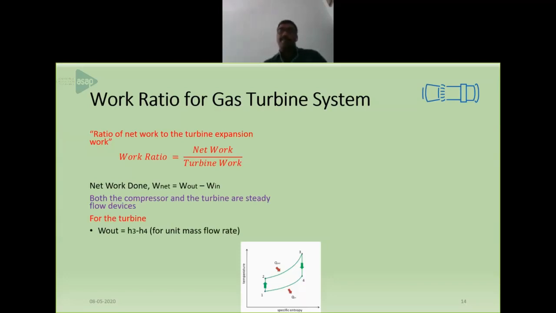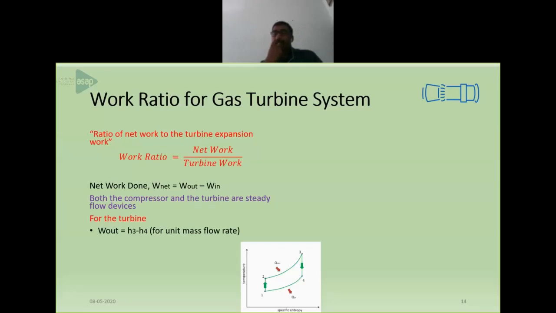So how do we get the work done by the turbine or compressor? For that, you have to remember the steady flow energy equation which you have studied in basic thermodynamics.